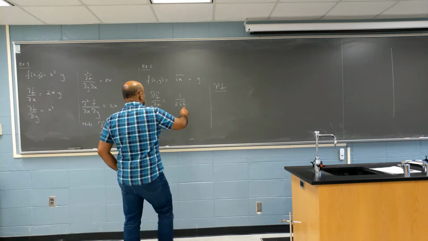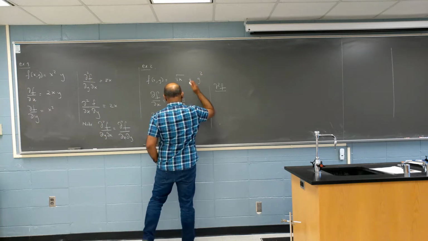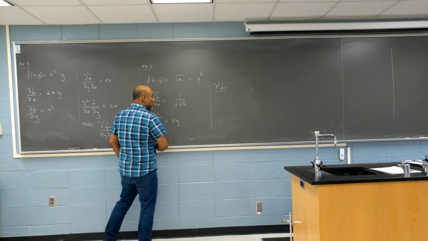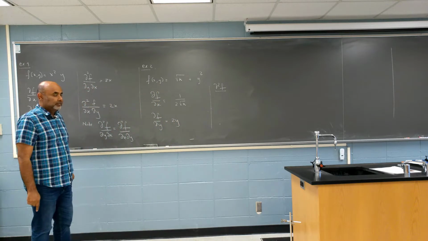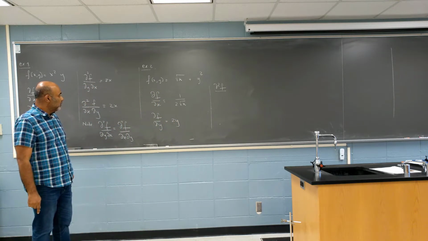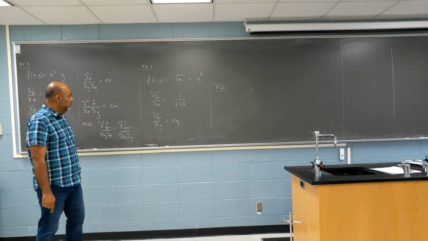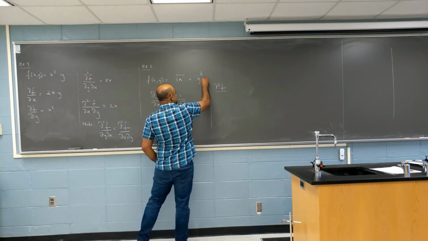Let me make this y squared to make my point. So then this becomes 2y. No, let me make it y squared x.